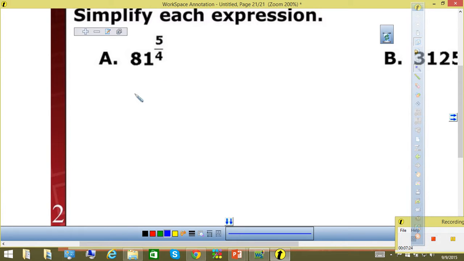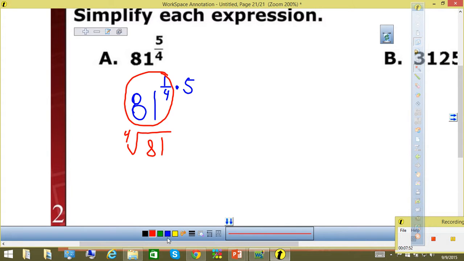So then I write 81 to the 1/4 times 5. With red, I'm going to circle the first part because I already know what to do with this. This becomes a radical, doesn't it? 4th root of 81. What does the multiplication remind me of? To open a parenthesis and bring down the power of 5.